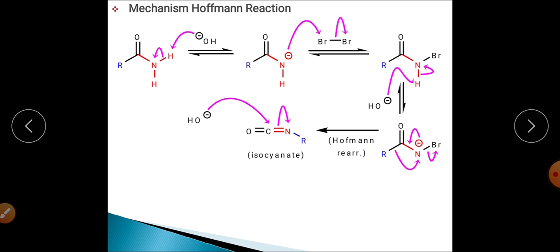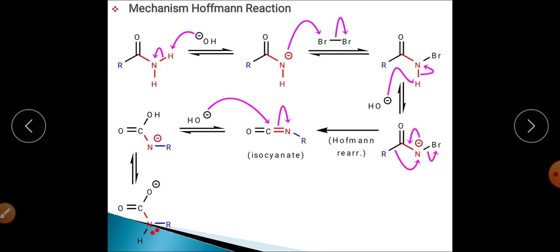Now this isocyanate will be attacked by the OH negative on this carbon bearing C double bond O and C double bond N, with migration of the bond between carbon and nitrogen to the nitrogen, and it will get converted into this form which contains a negative charge on the nitrogen, right?